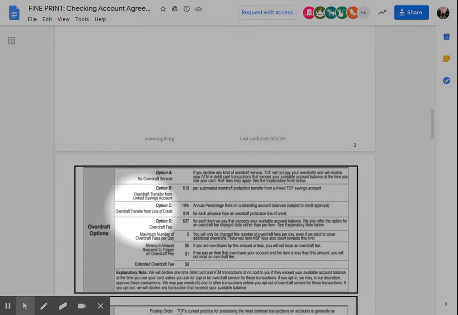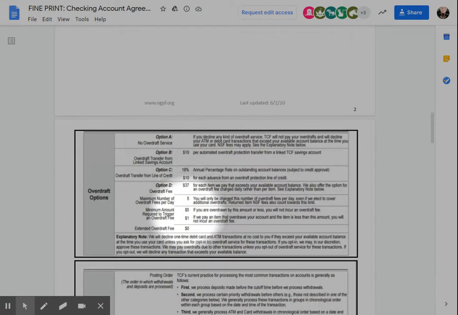Option C, if I have overdraft transfer from a line of credit, that means, let's see, the fee is going to be 18% APR or $10 for each advance from an overdraft protection line of credit. And option D is an overdraft fee of $37.